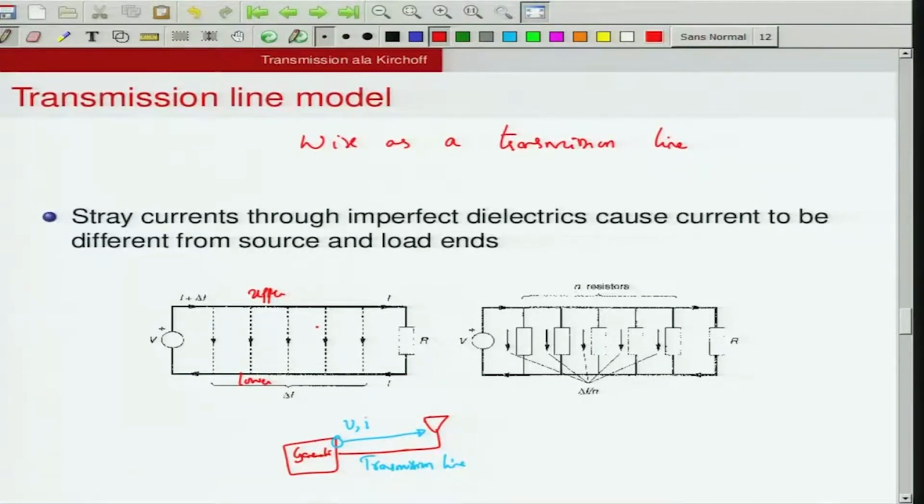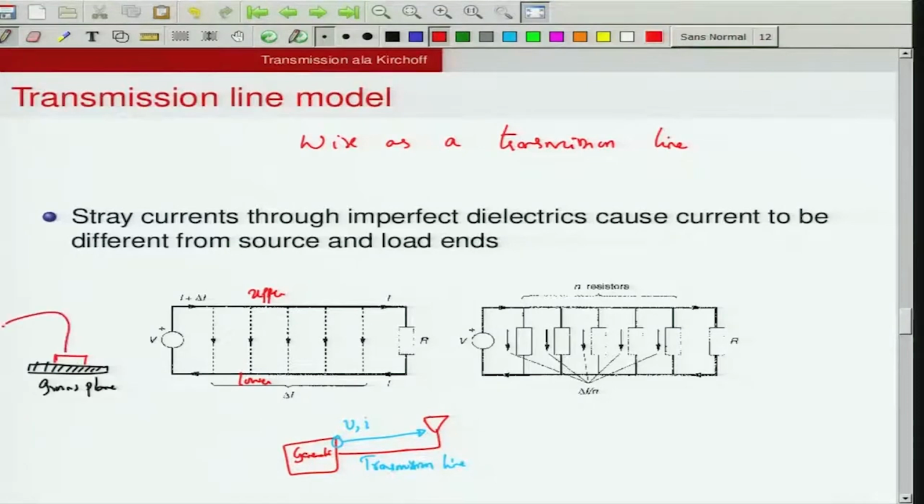You might also have a situation where you have a ground plane, so you have some copper in the form of a PCB, and on top of it you have a small thickness of some insulating material, and on top of this you might have a metal piece.